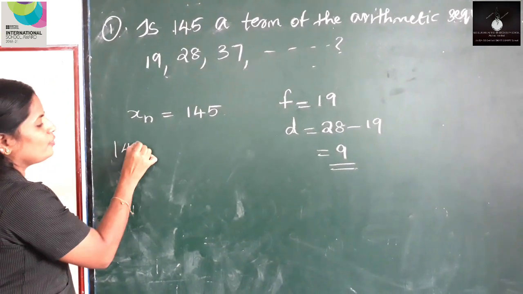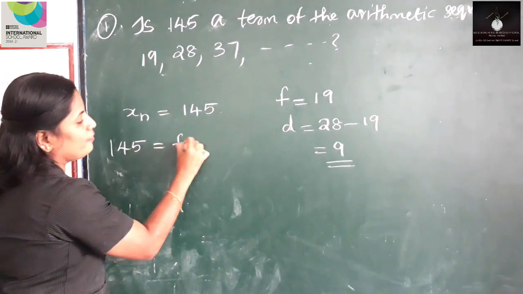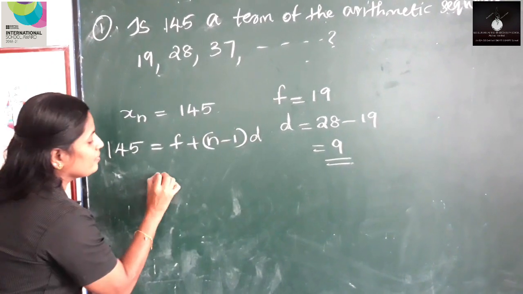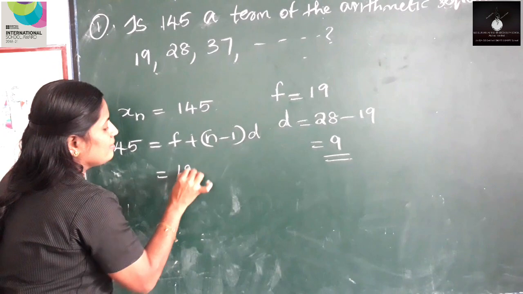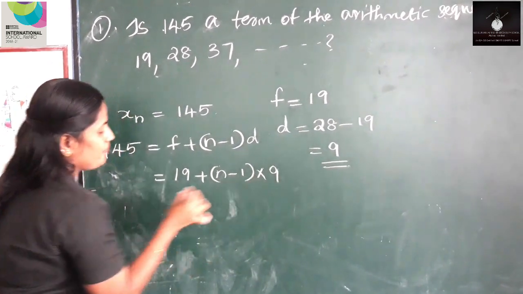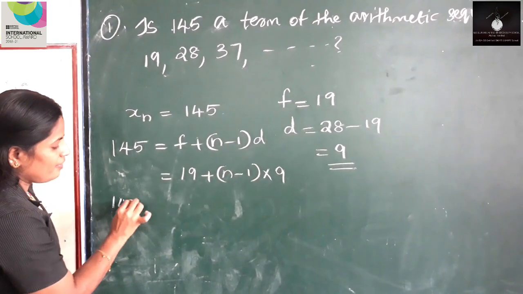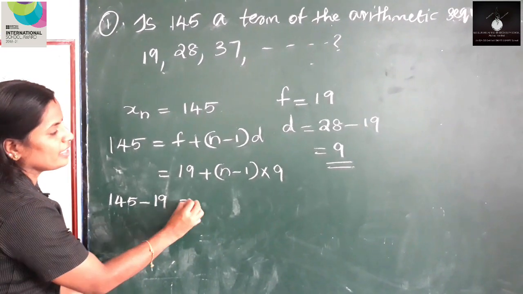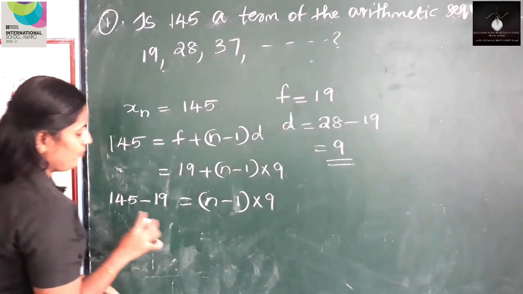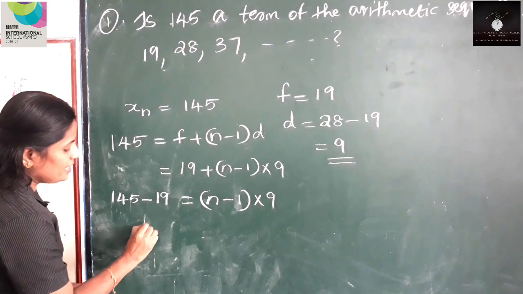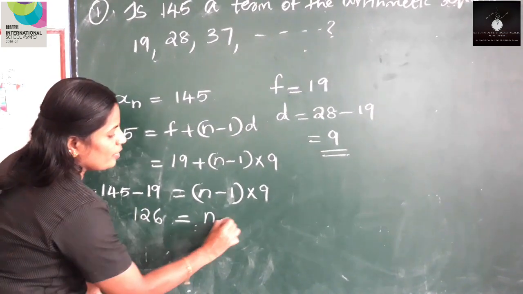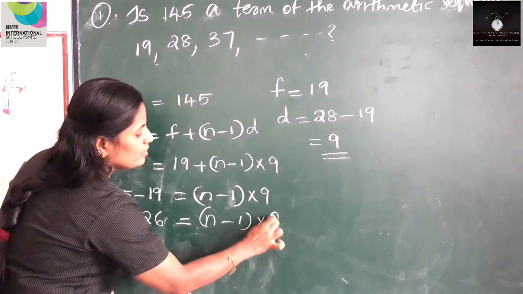Then 145 equal to f plus n minus 1 into d. 19 plus n minus 1 into 9. Then 145 minus 19 equal to n minus 1 into 9. 145 minus 19 is 126. Then 126 equal to n minus 1 into 9.